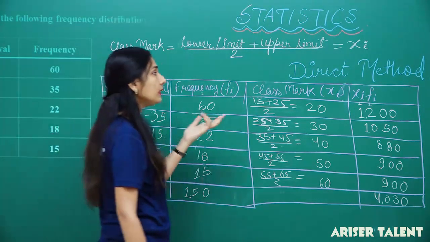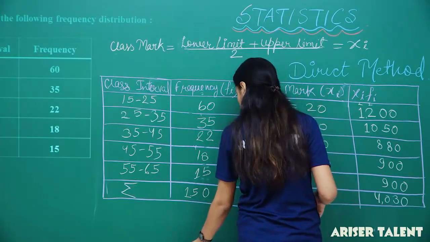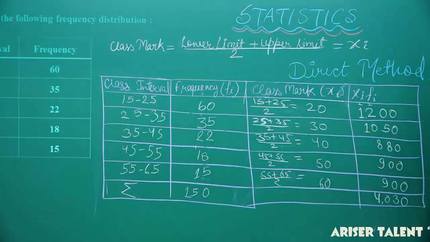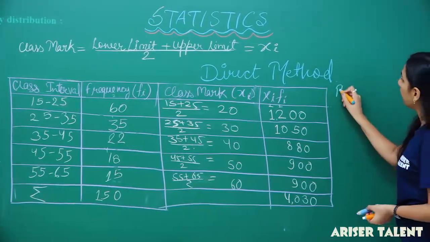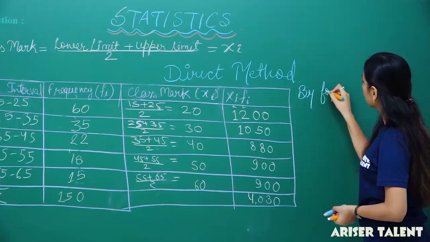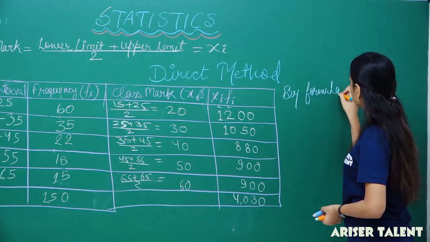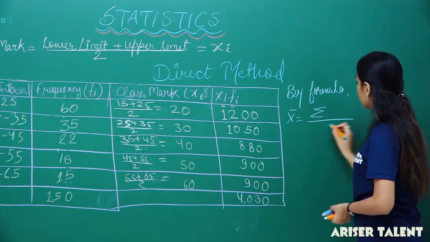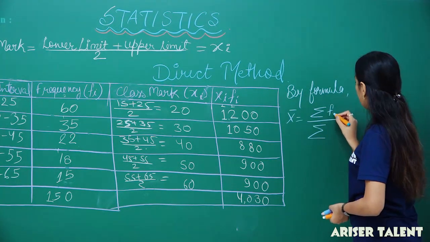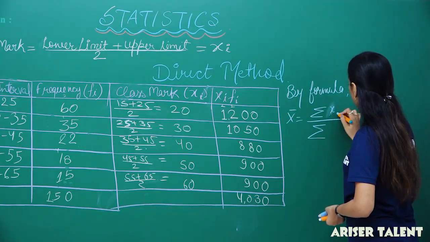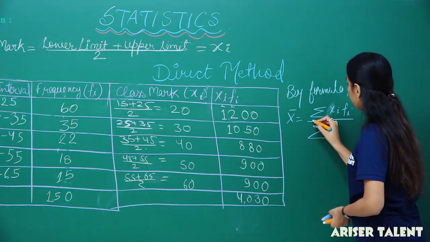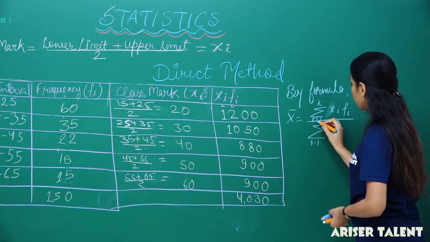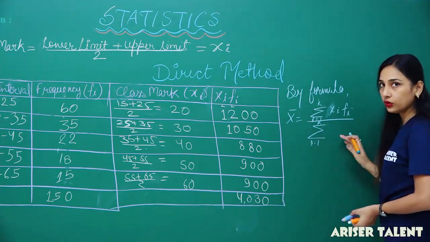You have to find out the x bar or the mean. So we have this formula. By formula, x bar equals summation xi fi, where i equals 1 to k, or n, whatever you want to write is right.